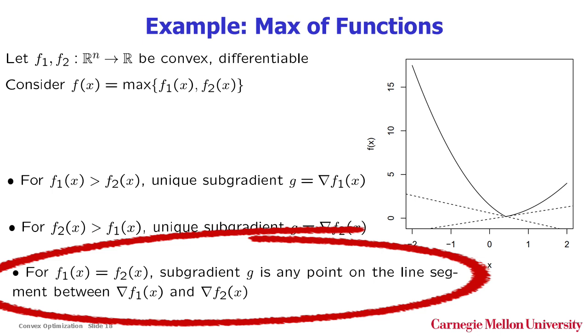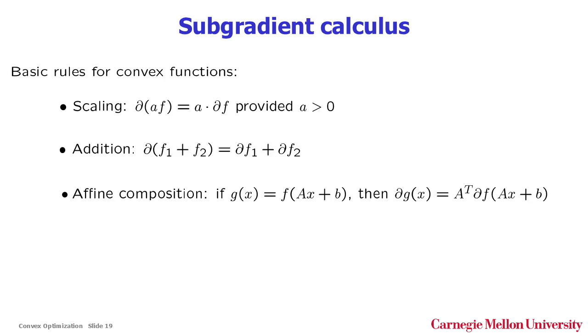One can prove that in this case, the subgradient is the line segment, or with other words, the set of convex combinations of the gradient of f1(x) and the gradient of f2(x). The subgradient calculus is somewhat similar to the calculus of the normal gradient.